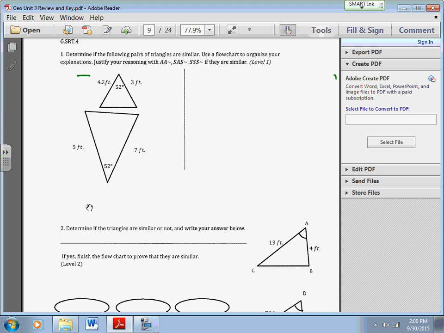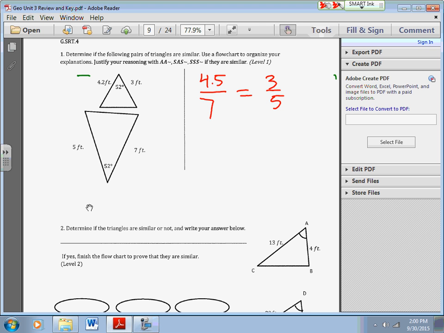With that, would you do 4.2 over 5 and then? Let's see, 4.2 is the bigger of this one, and you could write it over 5. Now 5 is the smaller of these, so you have to write it over 7 and the 3 over 5. You see how you're keeping bigs with bigs, smalls with smalls?